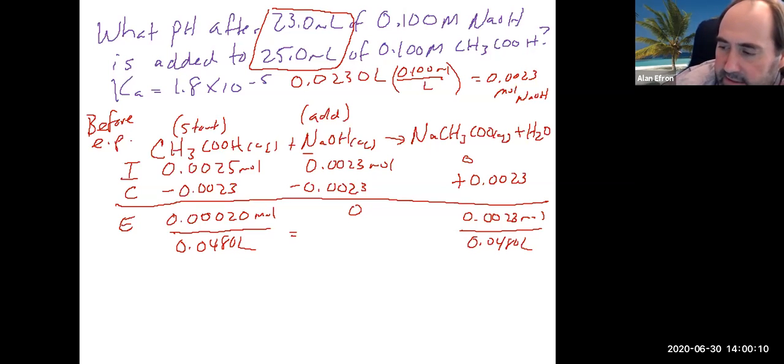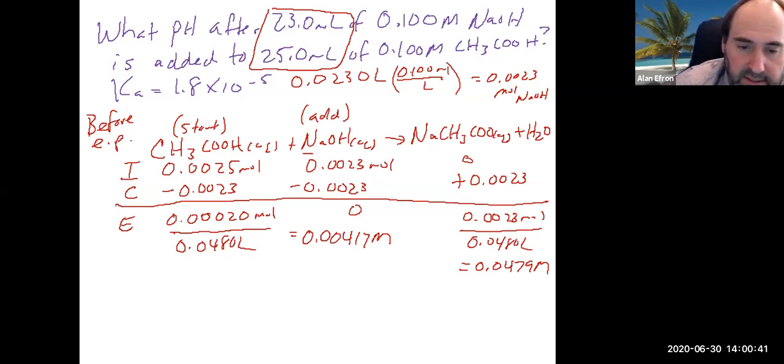That gives us 0.00417 molar, and on the other side, 0.0479, it looks like. Any questions on that so far?